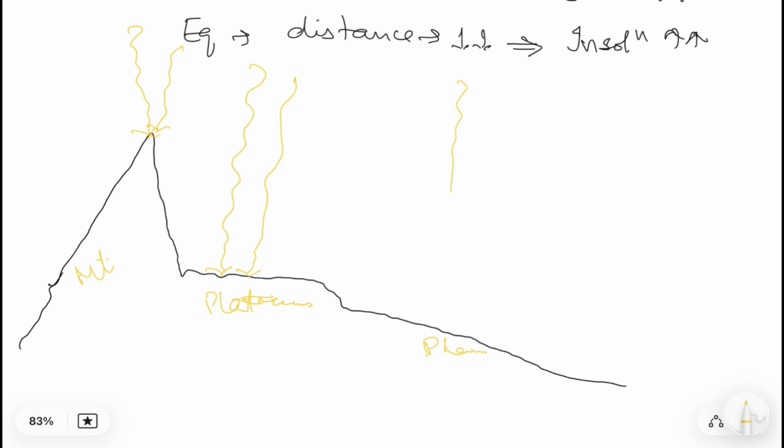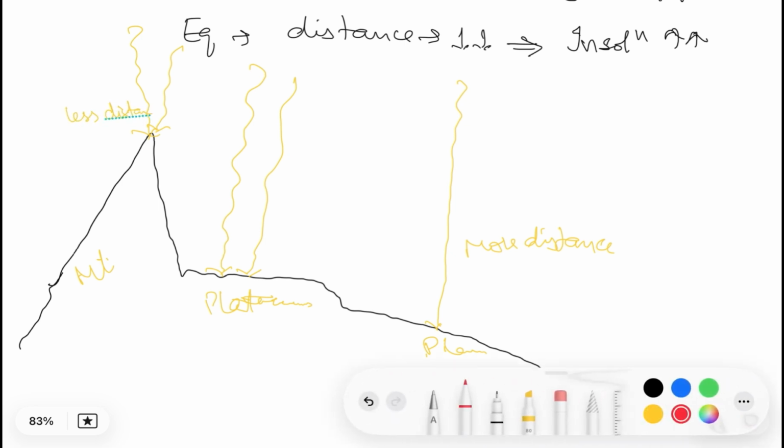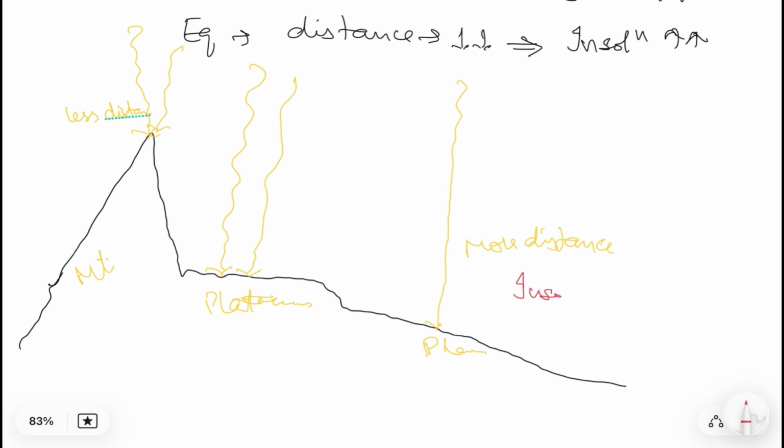The distance traveled by the incoming solar radiation at the plains is much more, and in case of mountains it will be less distance. So the insolation will be less here because of the more distance it has to travel, and the insolation at the high altitudes will be more since they were the first to experience the insolation. So this is how topography affects the distribution of the incoming solar radiations.